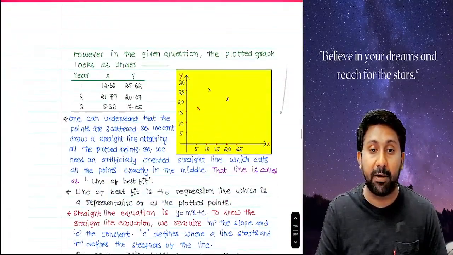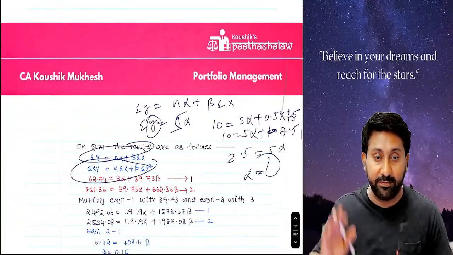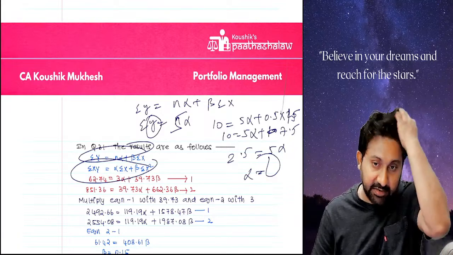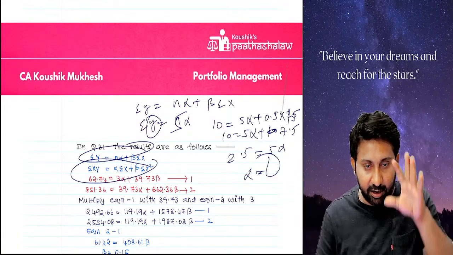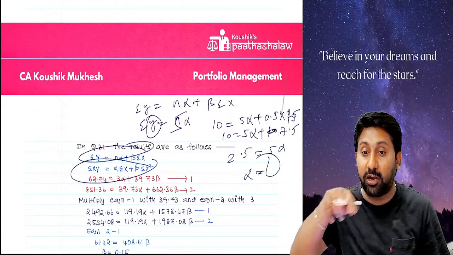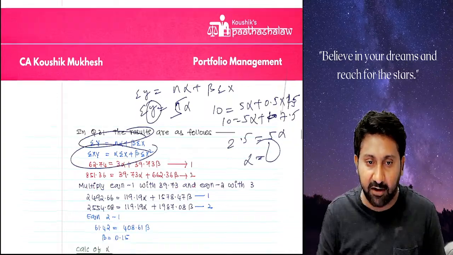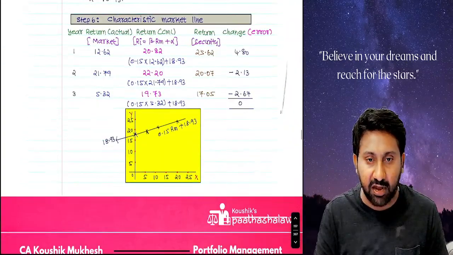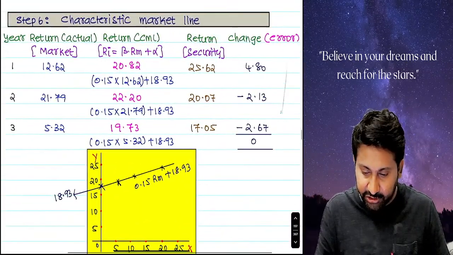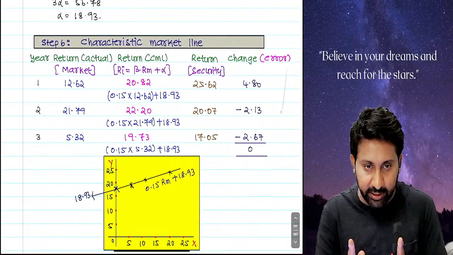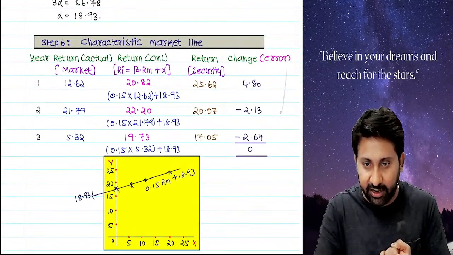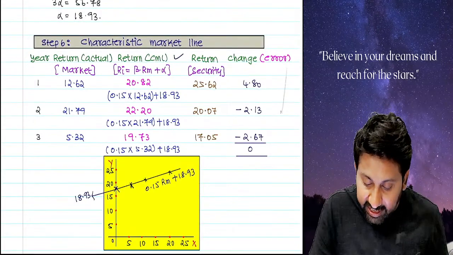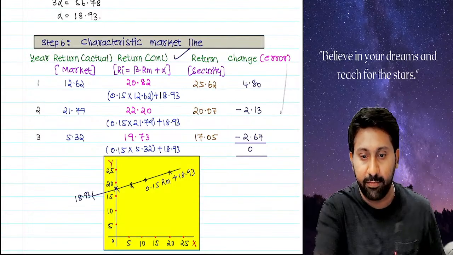Put the number of beta in this particular equation: sigma y equal to n alpha plus beta sigma x. Put all the information, with only alpha as the missing number. You will get the alpha answer. Once you get the alpha answer as well, this is the schedule. In the question, they will give actual returns. You have to calculate the CML return. Okay, just a minute.